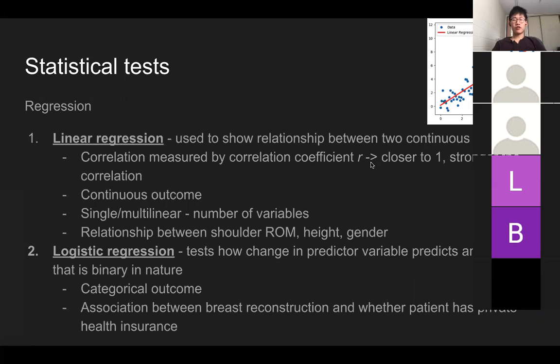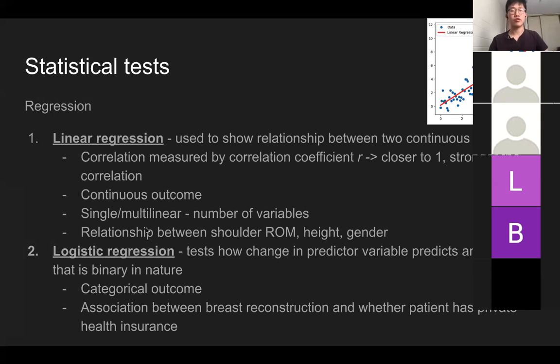The R value is a measure estimating the average distance to the line of regression, or how good the line of regression is. The closer it is to 1, the stronger your correlation. Again, this is used for continuous data, and you can use it for single or multiple variables.